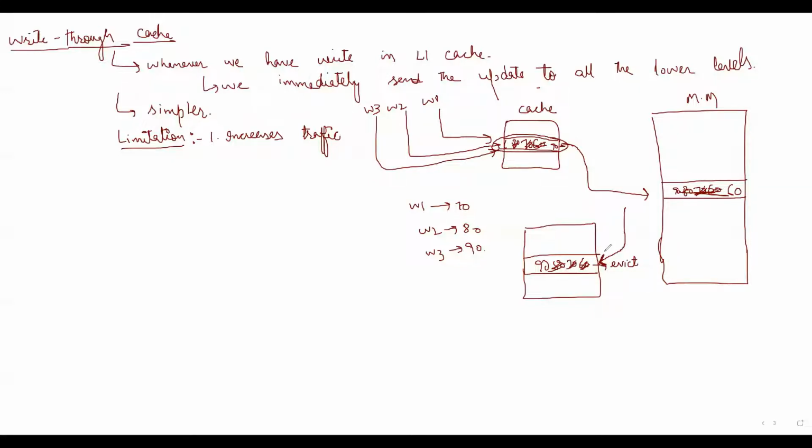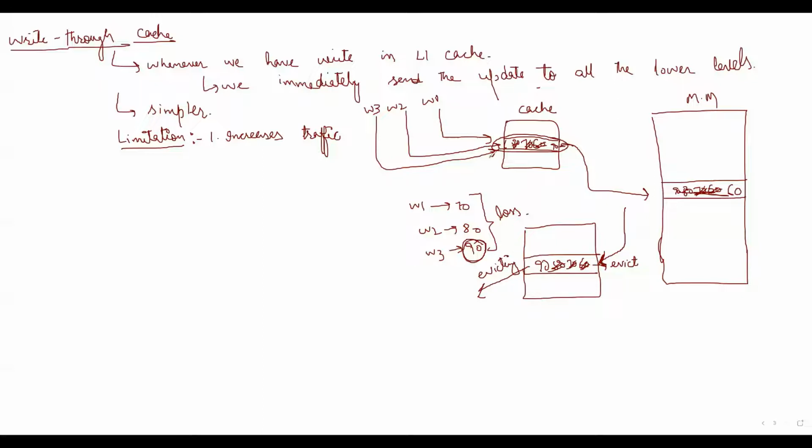Then in that case, if I simply evicted this particular entry from the cache, I will lose these updates, because the final value in this block should be 90. So when I am evicting this, I am losing this information.